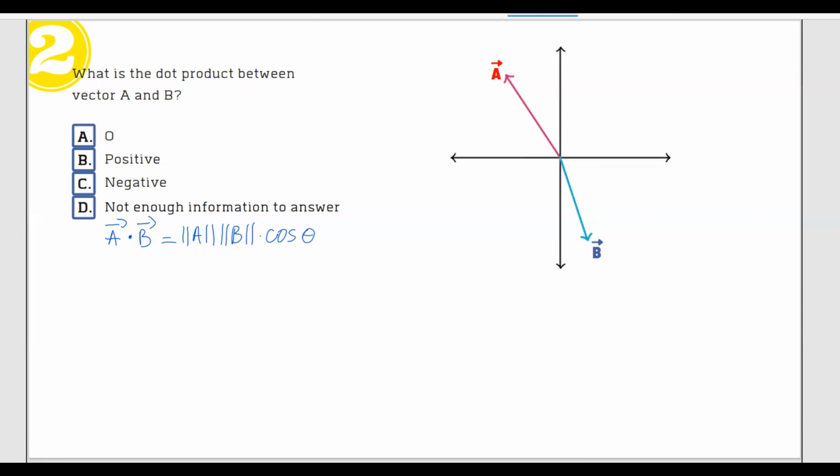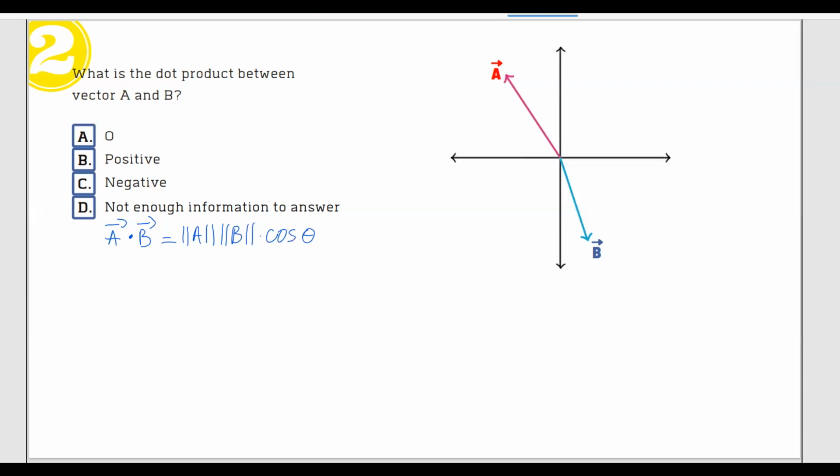This dot is completely different from regular multiplication. This is not just regular multiplication. This is the dot product, which has different properties. This is regular multiplication, and usually I just don't add the dot. So this is the formula for the dot product: magnitude of A, magnitude of B times cosine of theta, which is the angle between the two vectors.